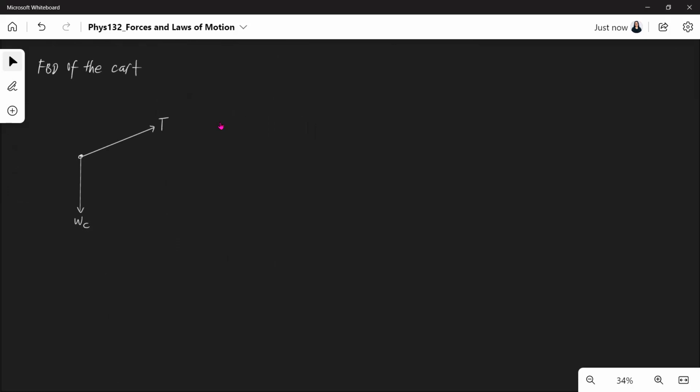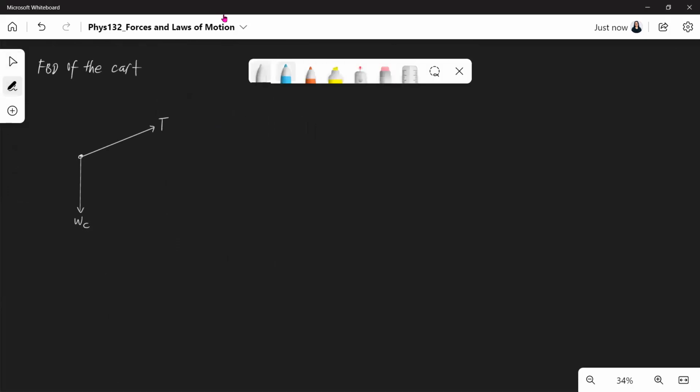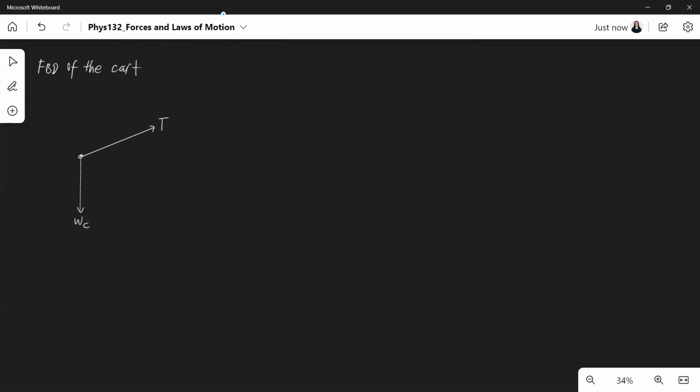Okay, take note, this is very important: the motion is going up the ramp. So the acceleration must be going there. The motion is going there.